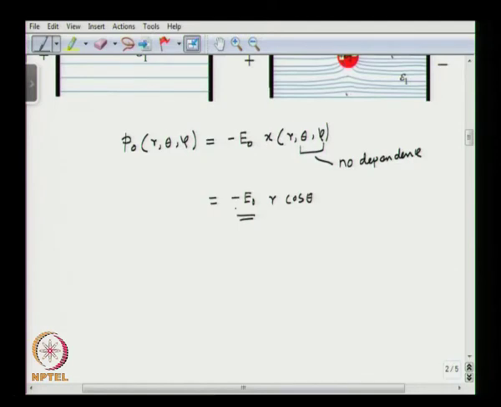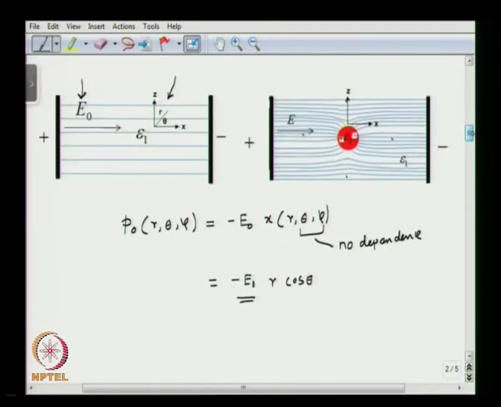Now we have a dielectric sphere. If you look at the right side figure here, we have a dielectric sphere with dielectric constant epsilon 2 introduced into the liquid. We have an electric field which is maintained because of two oppositely charged plates, and so we know the electric field and we know how the potential varies along x.